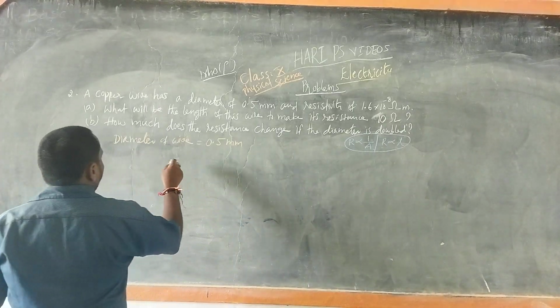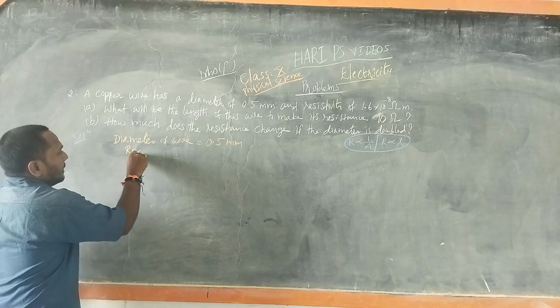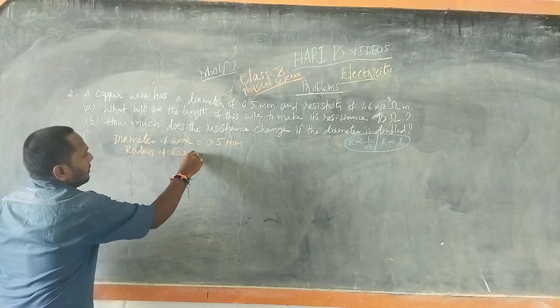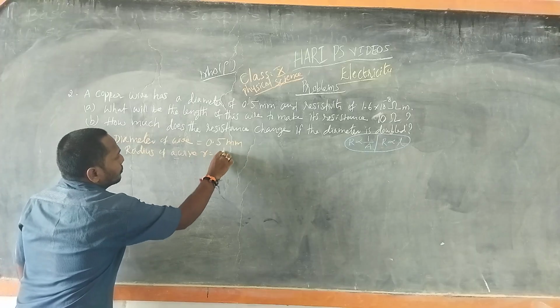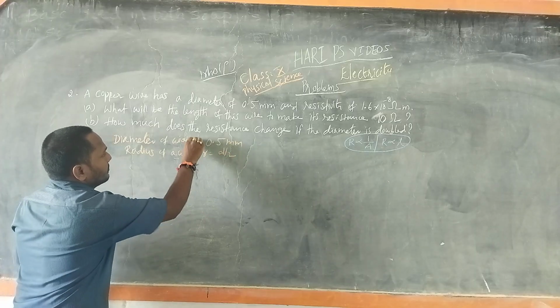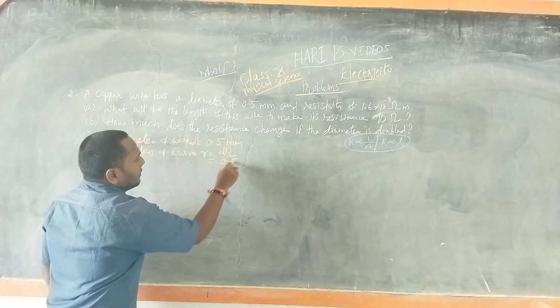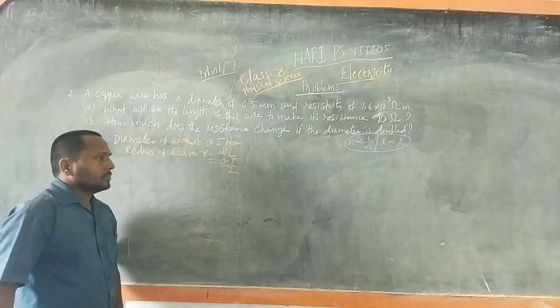First of all, find the radius. Radius of a wire r is equal to d by 2, that is equal to 0.5 by 2.